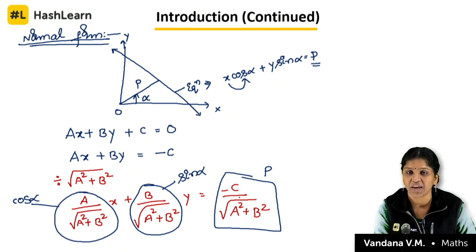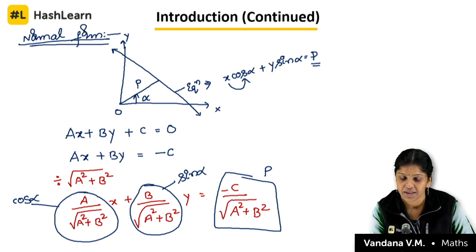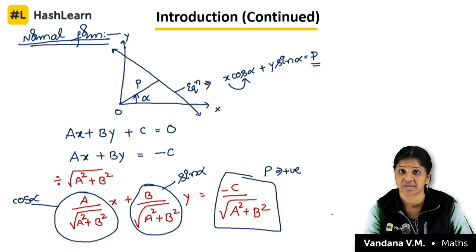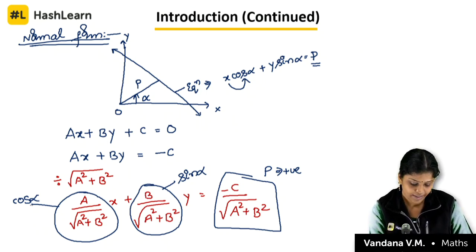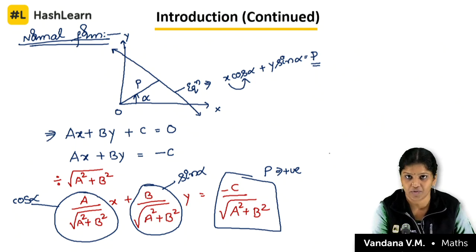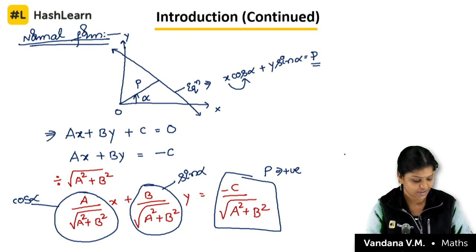If p is negative, please make sure that p must always be positive, because it is a distance. Distance can never be negative. Clear, children? Then multiply by minus. This is a very important procedure to convert the given equation into normal form. Clear? Next.